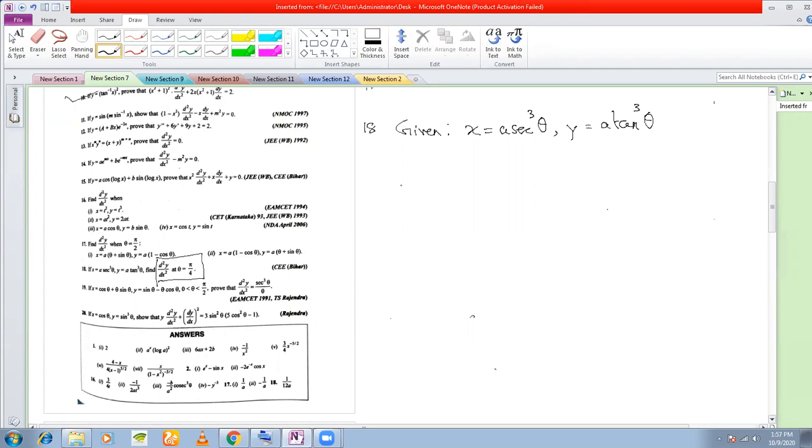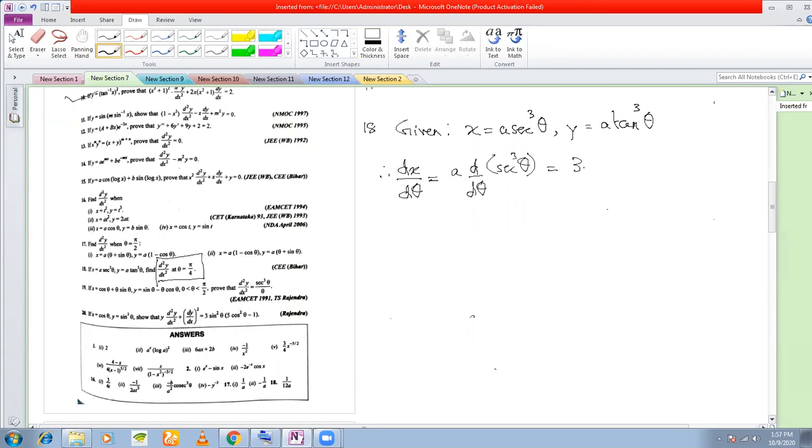That means at a particular value of theta, what is the value of d2y dx2? So first we shall proceed to find d2y dx2 as we do. Therefore first we find dy dx. dx d theta is, differentiate this, a dd theta of sec cube theta.